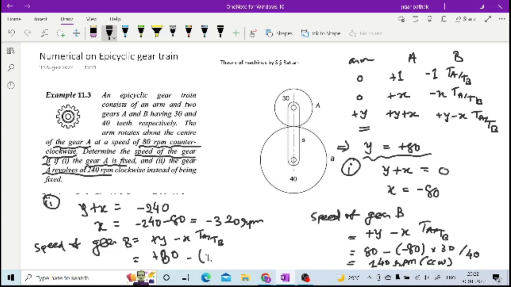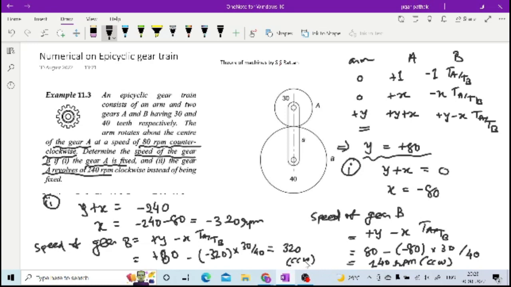Minus x is now minus 320, into this 30 by 40. Once you simplify it, you get 320 plus 320. So this is again counterclockwise direction.